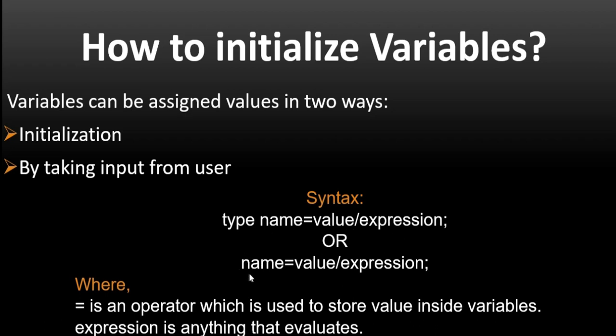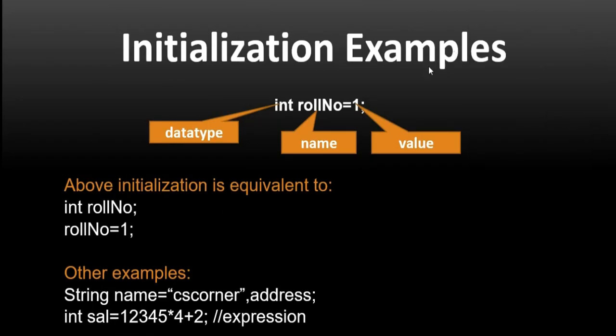If you have declared your variable already, then you can omit this type keyword from here. So equal to is an operator which is used for storing a value inside a particular variable. An expression can be any expression which evaluates and gives a value. So here is an example of initialization.